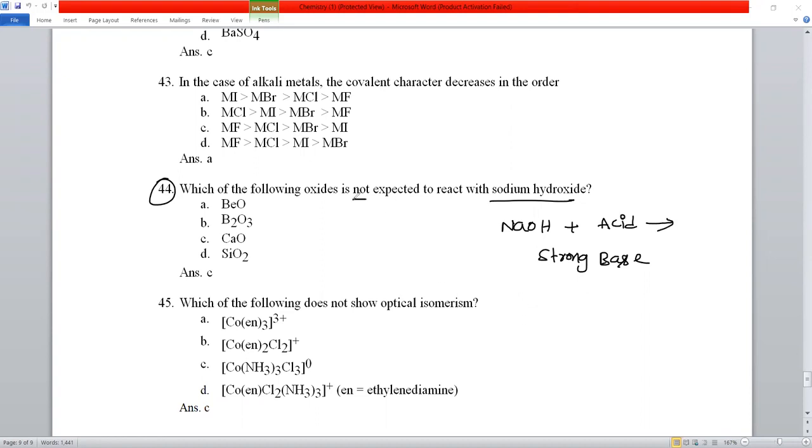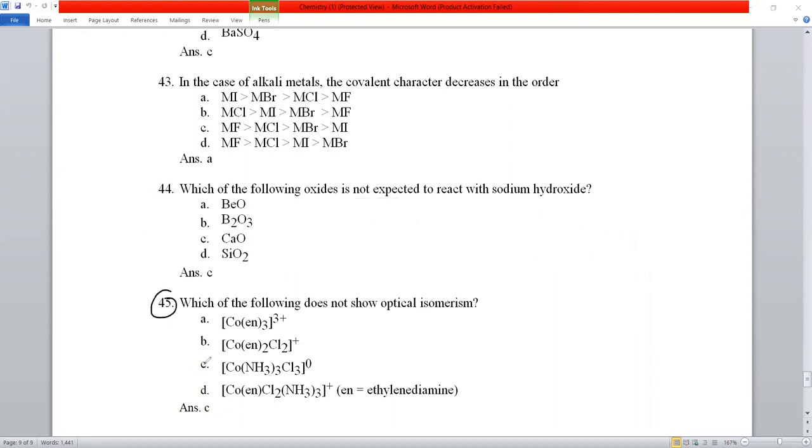He is asking what is not expected to react. Beryllium oxide is amphoteric in nature, so it reacts with both acids and bases, so it will react. B2O3 is acidic, so with the base it will react. Calcium oxide is basic, and a basic oxide does not react with a base. Obviously the answer should be C. We'll check D also. Silicon dioxide is acidic, so the reaction is positive. So option C is the correct answer.